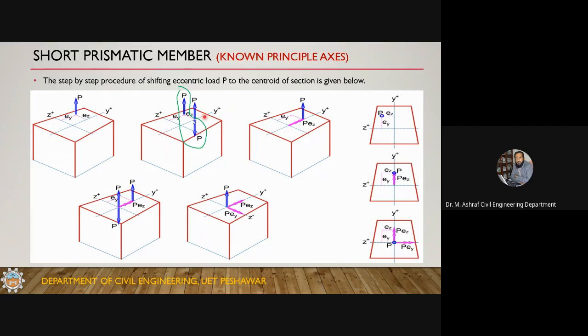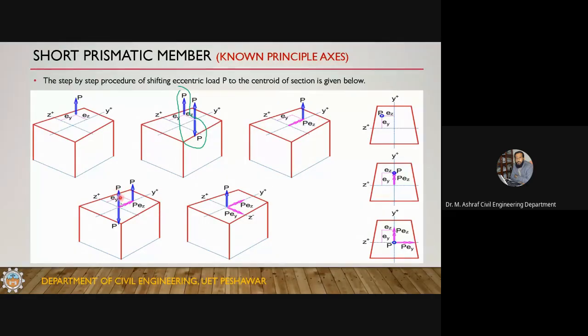So the distance between them is Ez, and P into Ez is creating a moment about the y-axis. So replace these two forces with a moment P Ez, and you have now shifted the force from this location to this location, but it is accompanied by a moment P Ez about the positive y-axis.